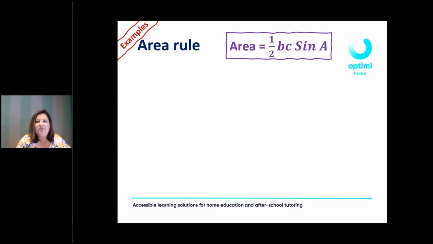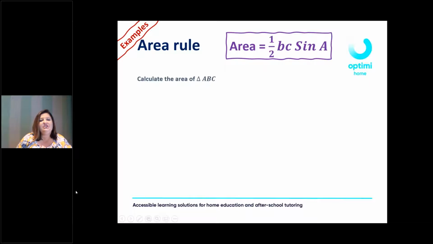Now, this is the formula that I'm going to put up there that you can use as reference. Unfortunately, in grade 10 and 11, you know by now that you will not receive a formula sheet. So you need to remember that. You will receive a formula sheet in grade 12, but not in grade 11. Okay, so make sure that you know your formulas off by heart.